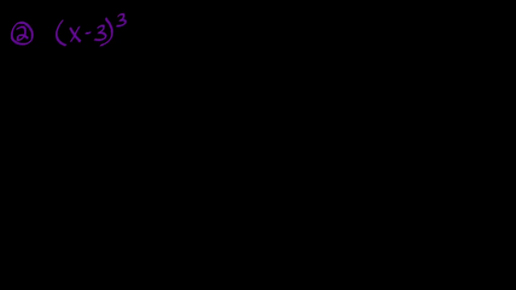Now, this binomial is to the third power. That means we have to multiply it 3 times, right? That's like if we say we want to do, I don't know, 250 to the third power. We have to go 250 times 250 times 250.